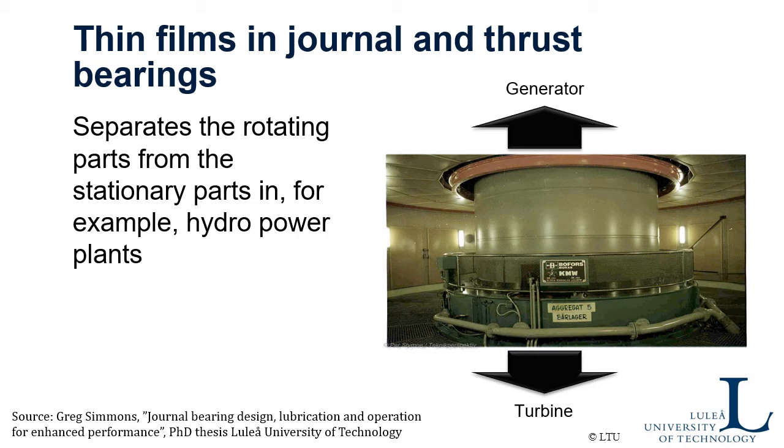So the thrust bearing carries the whole load of the machine and separates it from the stationary part of the machine. I guess in this case the lubricant film thickness is something like 50 micrometers. So it's a very, very thin film that separates this very heavy machine from disaster, really. If this machine comes in contact with the other surfaces, you will have a catastrophe, of course.